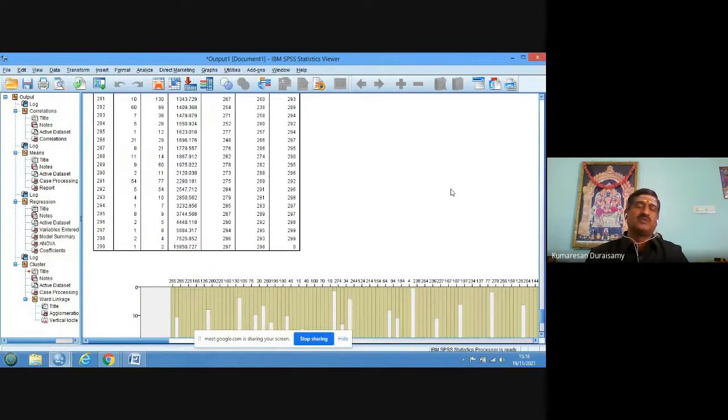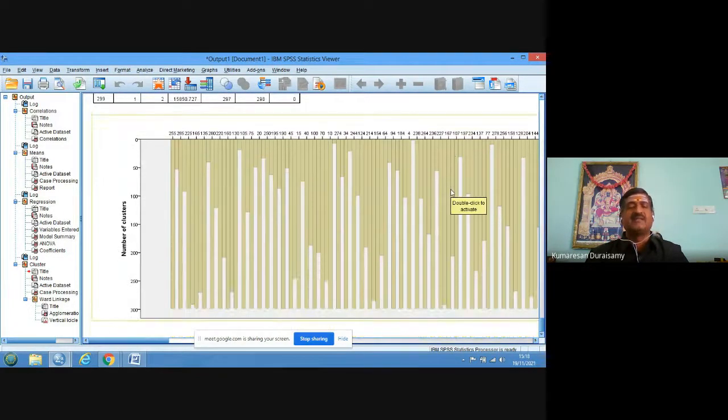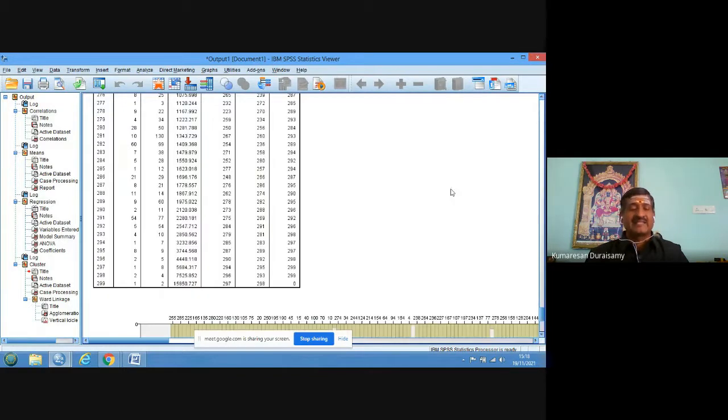Now, we have to decide how many clusters are to be formed. That is why we have done this hierarchical cluster analysis.